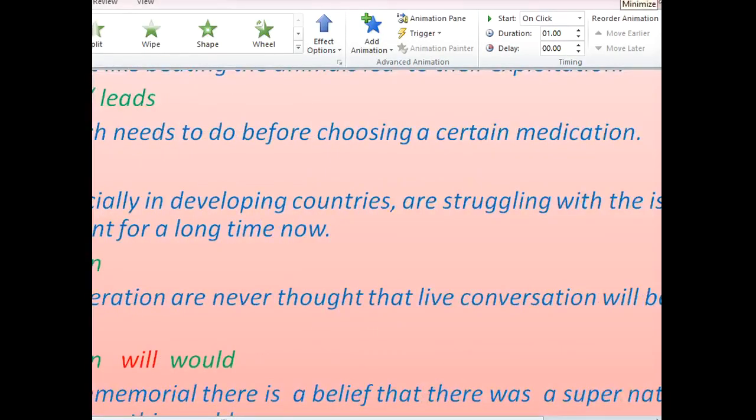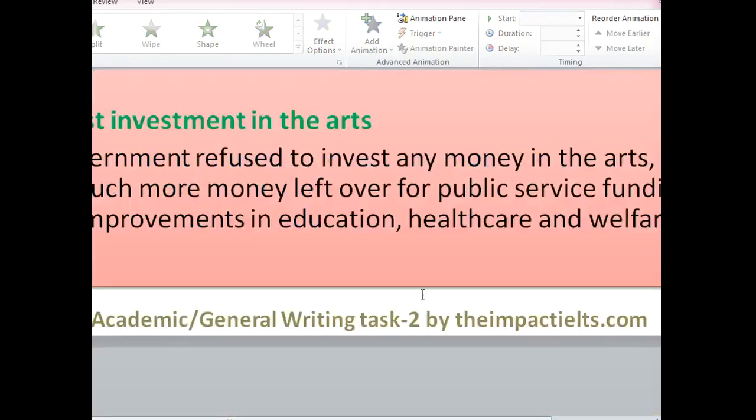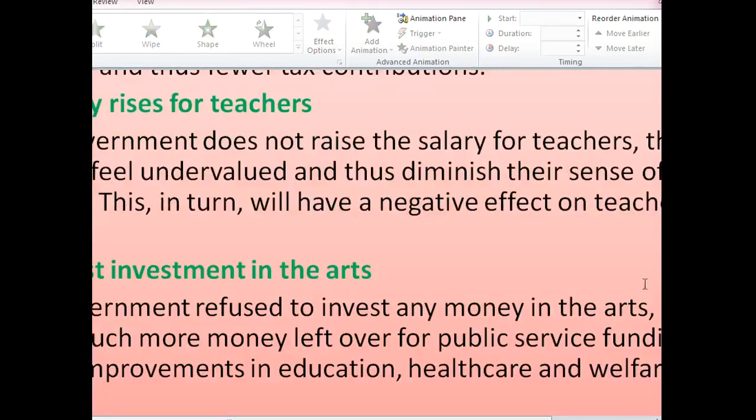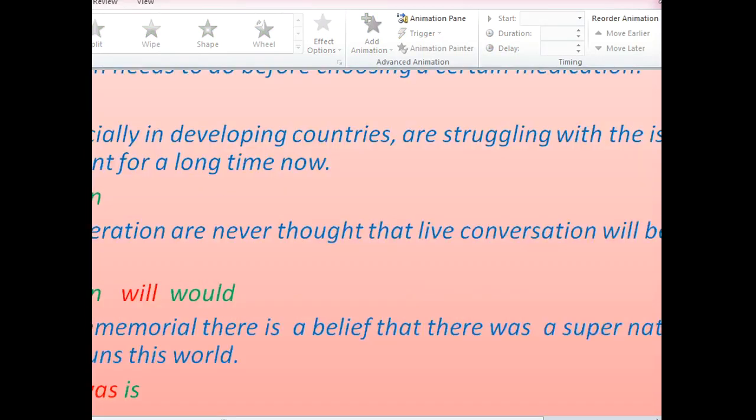There's a technical issue that I'm facing here. Sorry for the mess, but let me correct it. So "the past generations are never taught" is not correct.